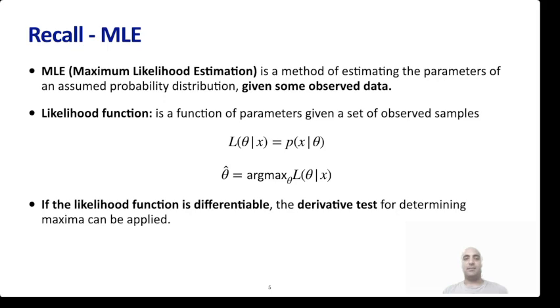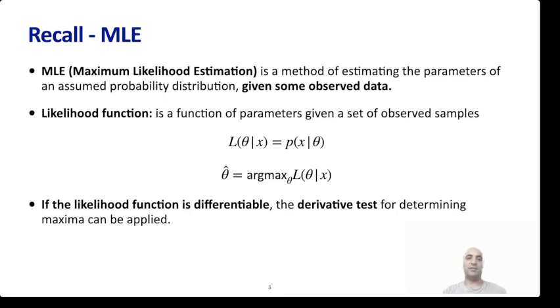The idea is that in order to find the best value for the parameters of a distribution, we collect a set of samples, and then we use this set of samples to estimate the value of the parameters. How? Using the likelihood function. What is the likelihood function?